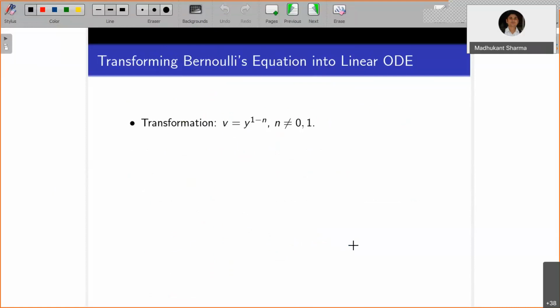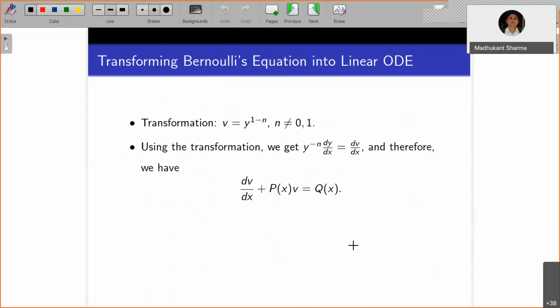Using this transformation, y to the power minus n dy by dx is replaced by 1 upon 1 minus n times dv by dx, and therefore we have 1 upon 1 minus n dv by dx plus p of x times v equals q of x.